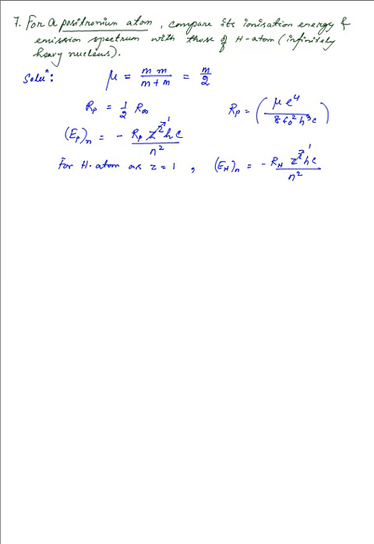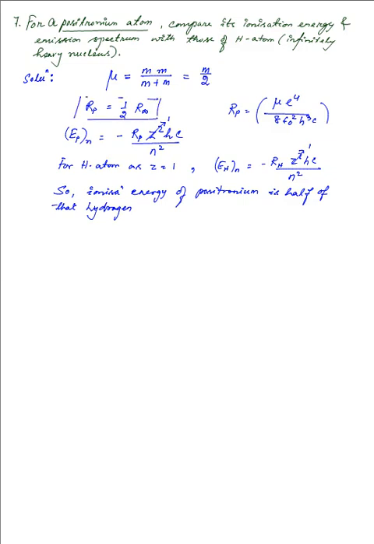So we have the ionization energy of positronium to be half of that of hydrogen, because as you see, there we have Rp and here we have Rh, and we know that Rp is equal to half times R infinity, which is the case over here for Rh, because it has been provided that we have the H atom with infinitely heavy nucleus.